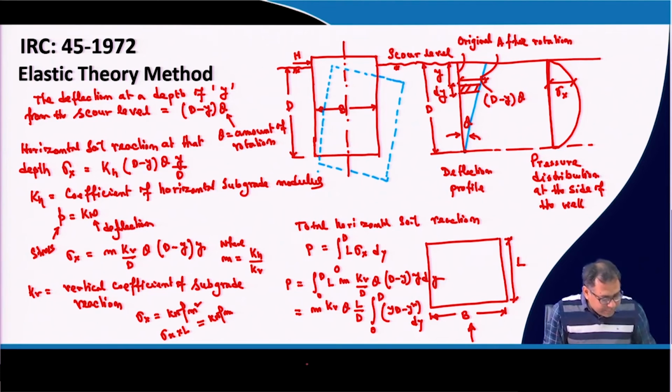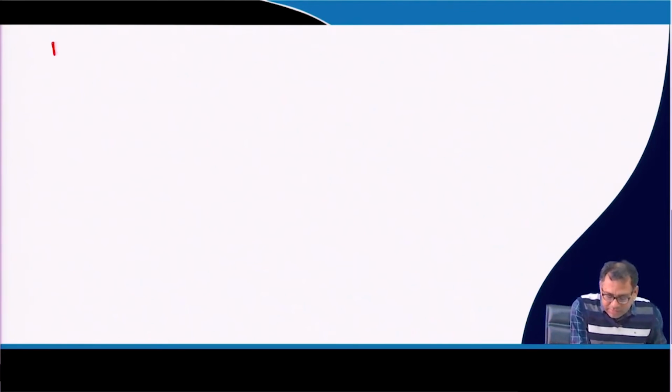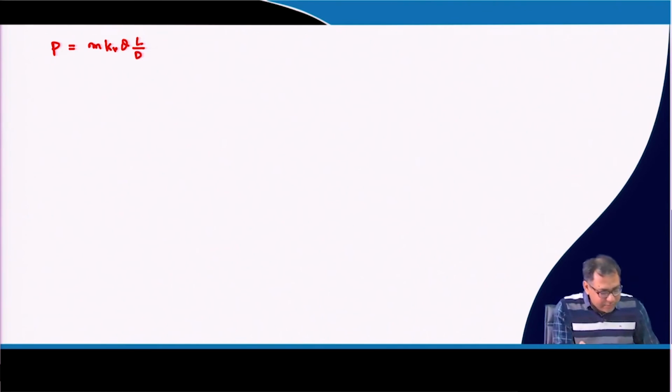So, finally, after integration 0 to d of yd minus y square dy, we will get that P is equal to m Kv into theta L divided by d, and after integration putting the limit of 0 to d we will get d cube by 6. Okay.